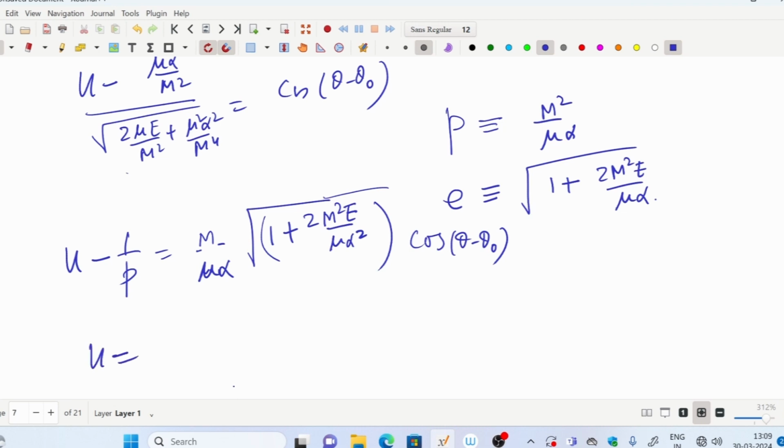So, u equal to 1 over p times 1 plus e cos of theta minus theta 0.